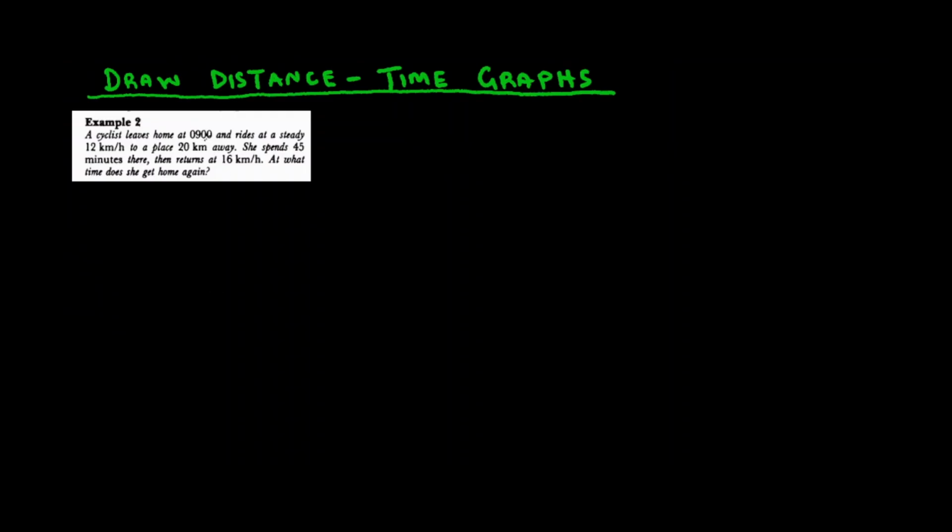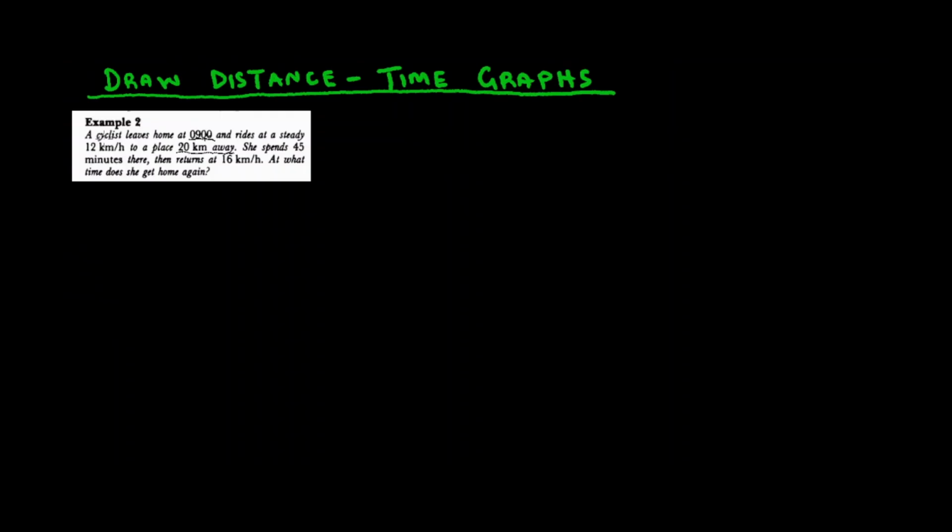So when we are reading the question, a cyclist leaves at 900 hours and rides at a steady 12 kilometers per hour to a place 20 kilometers away. So our question gives us time, which is the beginning time. And our question gives us the distance of the journey, which is 20 kilometers away. And then the speed given is talking about the gradient of a distance time graph.